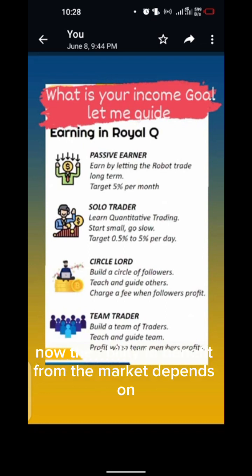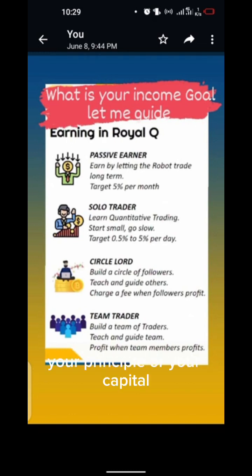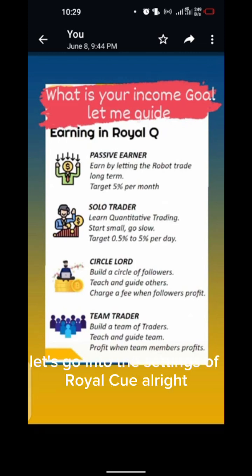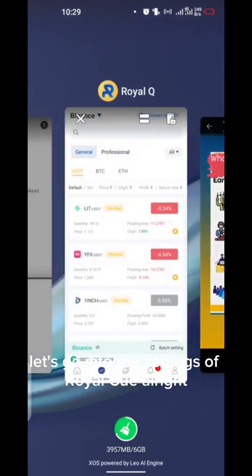Now, the ability to benefit from the market depends on your principal or your capital, but most perfectly your settings make more sense. Now let's go into the settings of royalq.